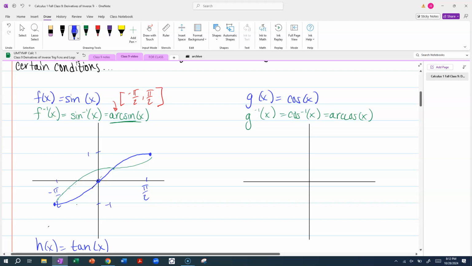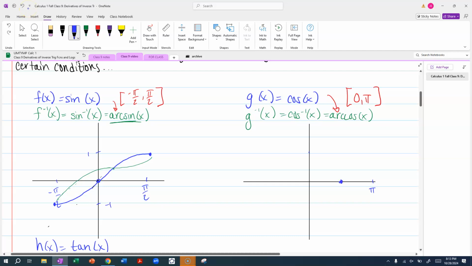Cosine had an inverse function too, arc cosine, and its restriction to get that invertible property is to be on the domain from 0 to pi. So slightly different domain. Call this pi, and this would be pi over 2. We know cosine of pi over 2 is 0, and then we begin at 1. Let's do that again.